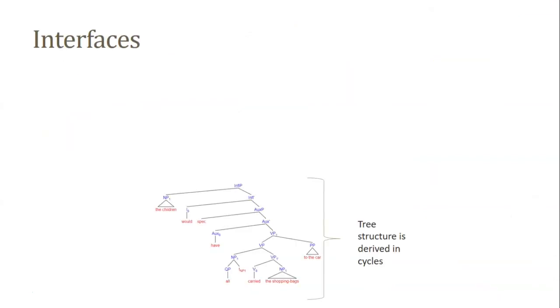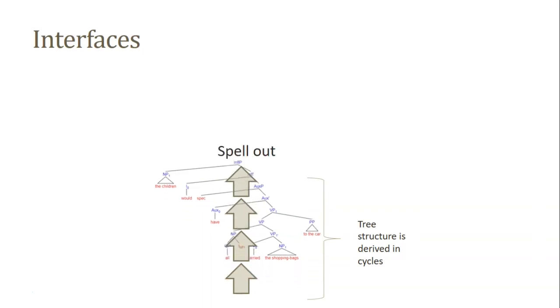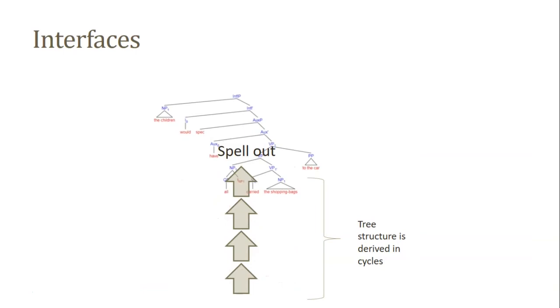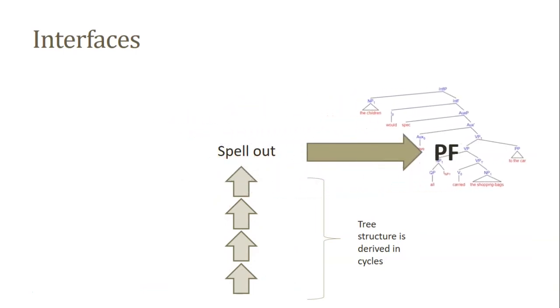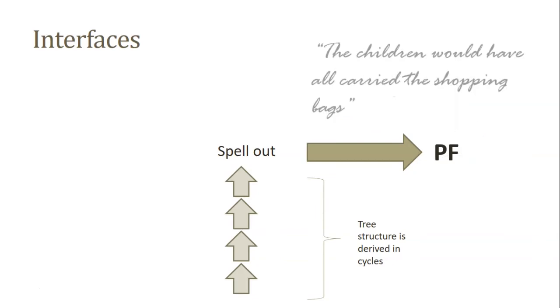The interfaces consist of 2 parts. On the one hand, we have the PF, or phonological form interface, and that interface in the mind takes this complicated tree and sends it to the morphology and makes sure that the tree is spelled out in a way that is pronounceable, ultimately yielding a string of words that we can pronounce or write down.